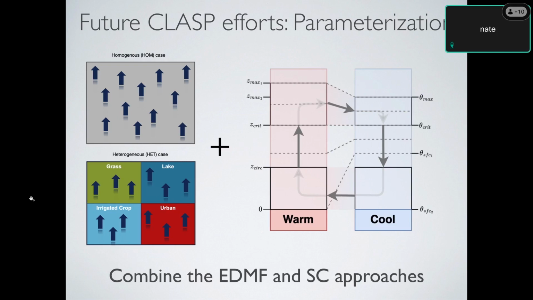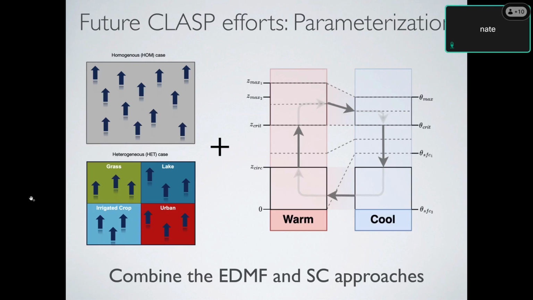So where do we imagine or envision or want future CLASP efforts to go? One of the things I mentioned at the beginning is that CLASP started as a CPT. Now it's become a project within the GLASS panel and GEWEX, and so it's continuing beyond its original CPT.